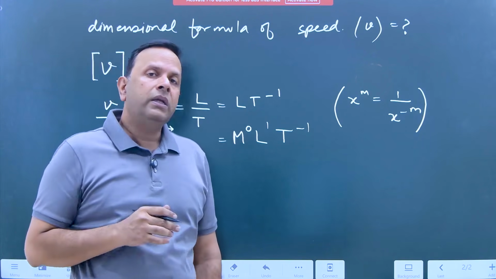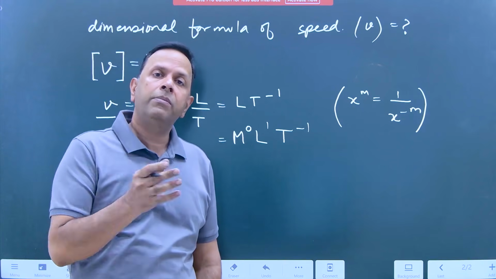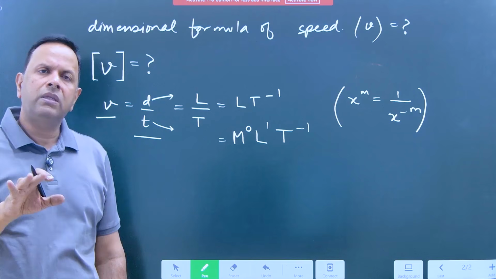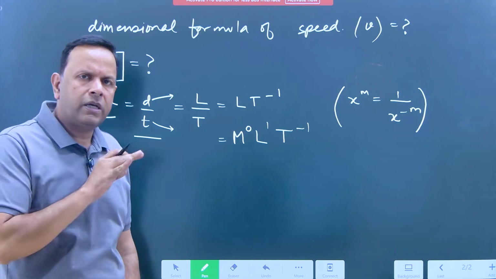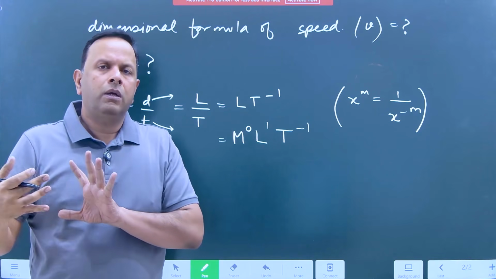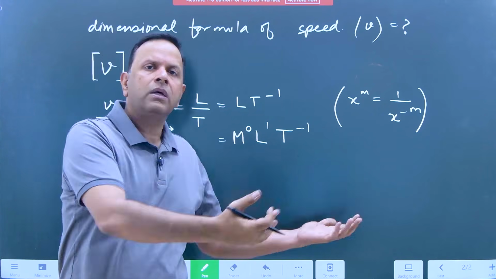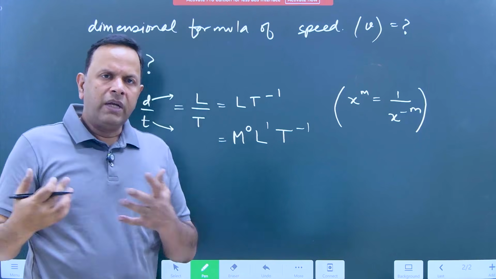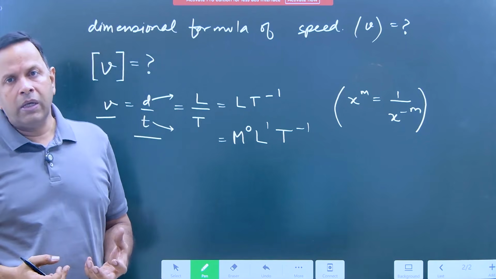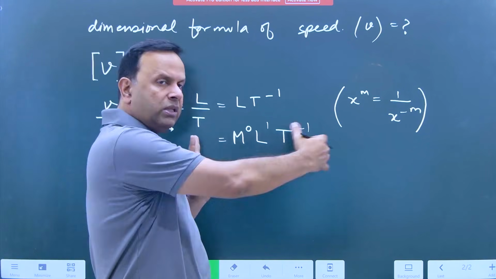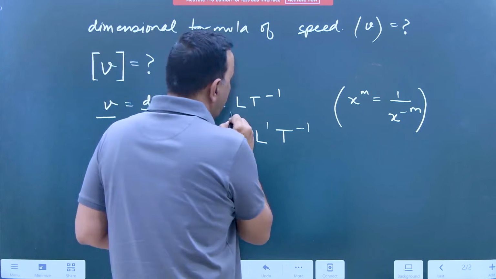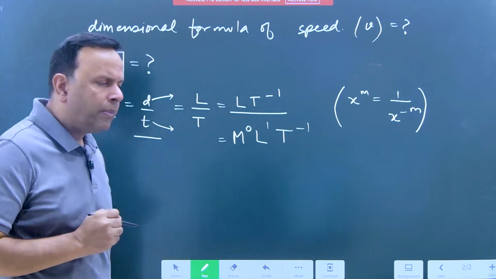As I told you yesterday, when the MKS system was introduced, at that time everybody thought that there are only three fundamental quantities, mass, length, and time. So that's why in those times every quantity would be containing only the terms of M, L and T. So it became a practice that whenever you are writing the dimensional formula, you write everything in terms of M, L, and T. You saw that actually in this expression there was no term of mass.